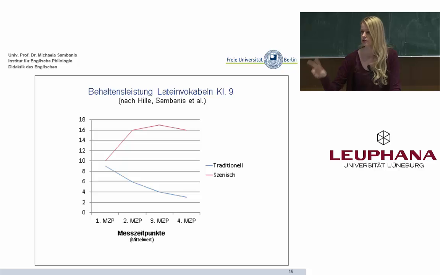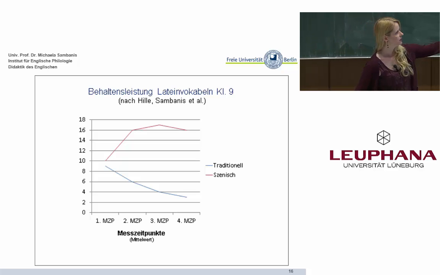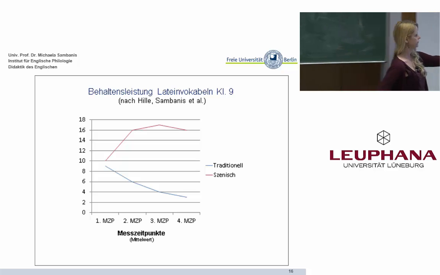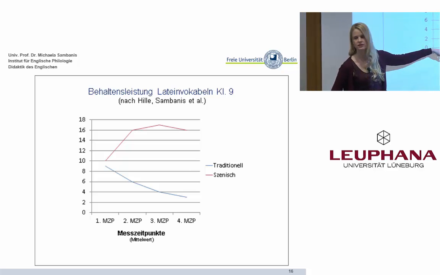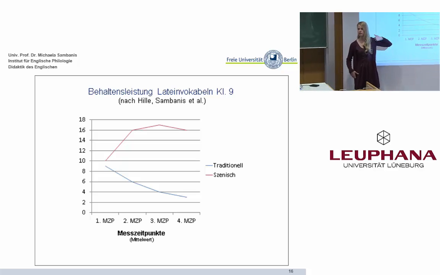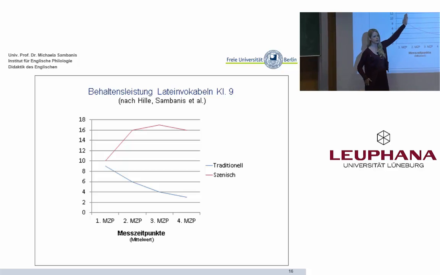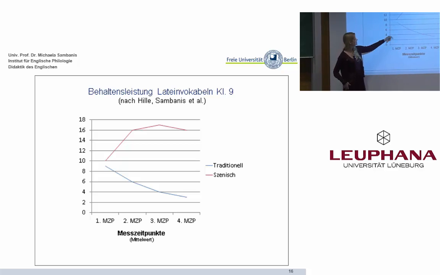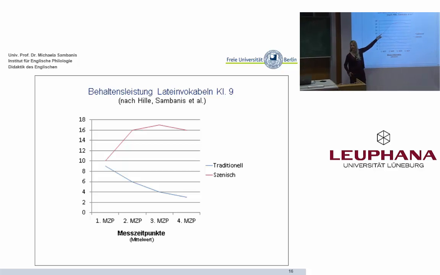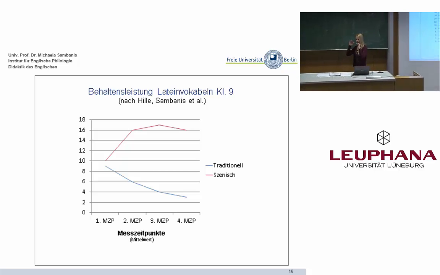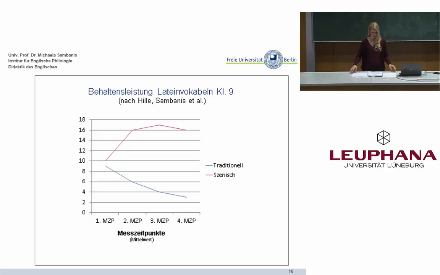After test round 1, no further training of the words took place in either group, which means that if you take a look at test round 2, you can see something that was amazing to us: no training after test round 1, but still a rising curve, whereas the traditional group had started to erase from their memory.